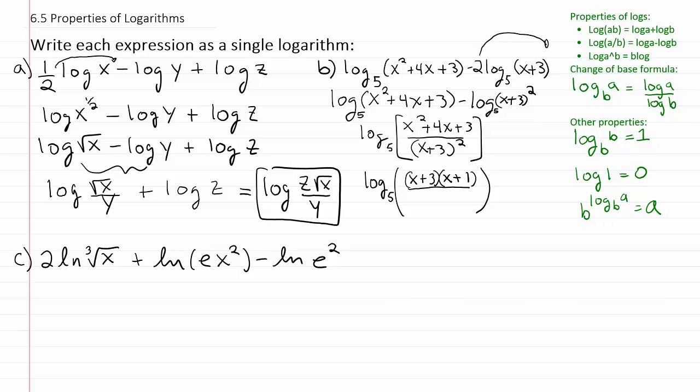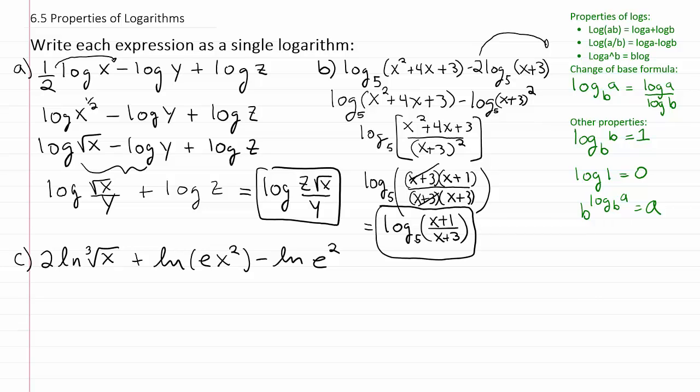And the denominator is x plus 3 squared. That's just x plus 3 times x plus 3. And then we can actually cancel that out. So it becomes a little bit simpler. Our final answer becomes the log of the fraction x plus 1 divided by x plus 3, base 5.